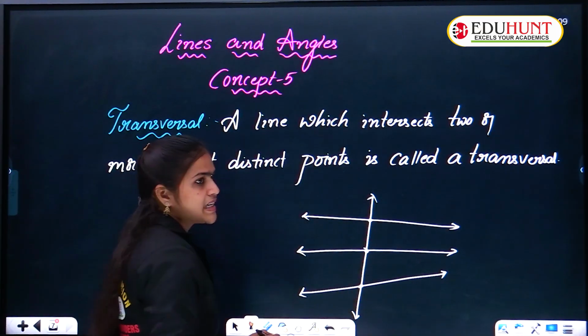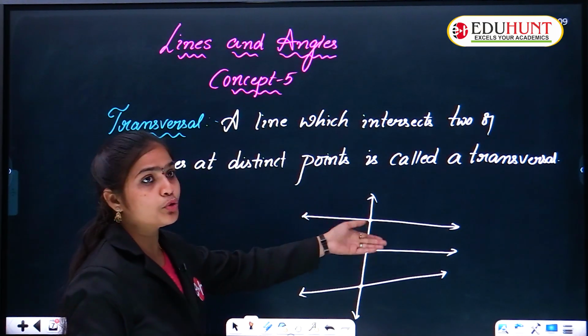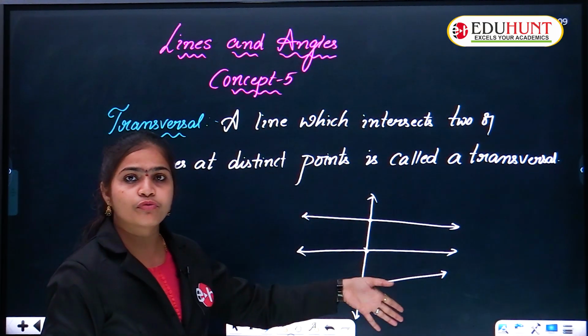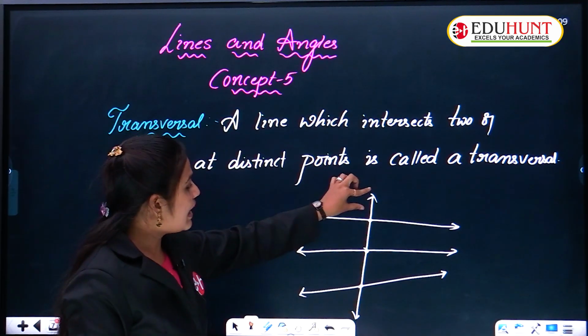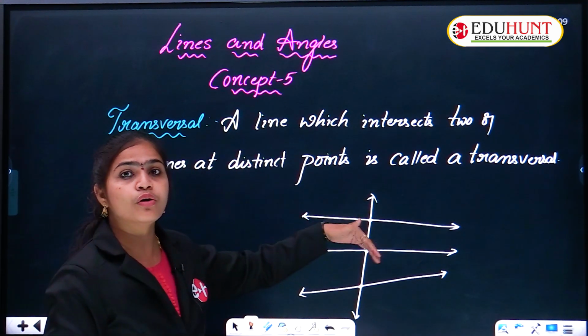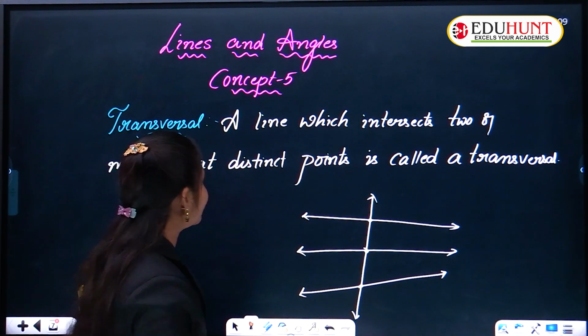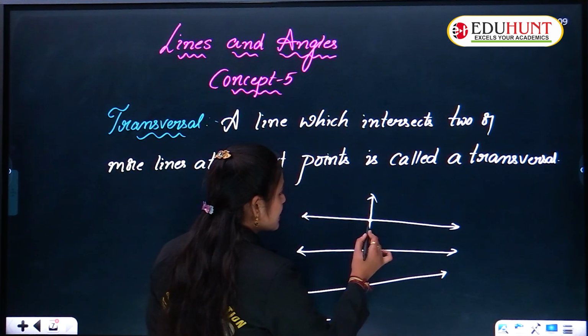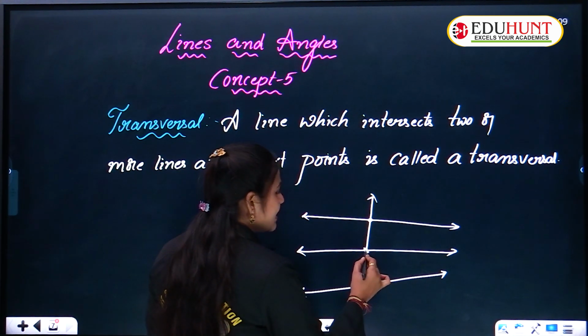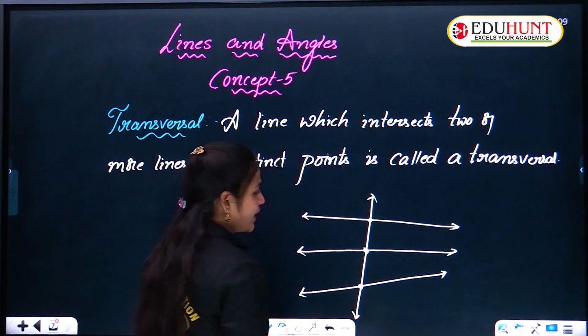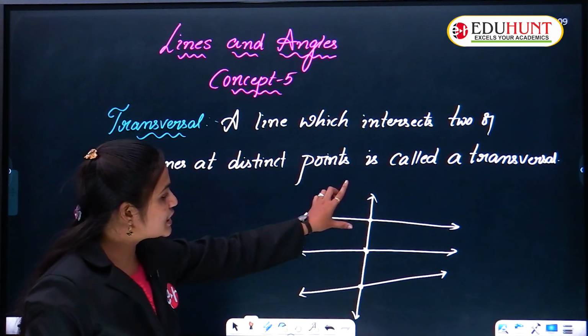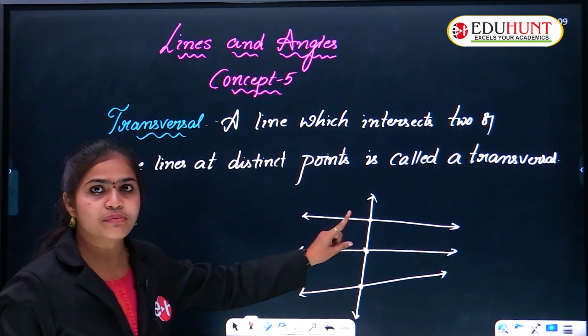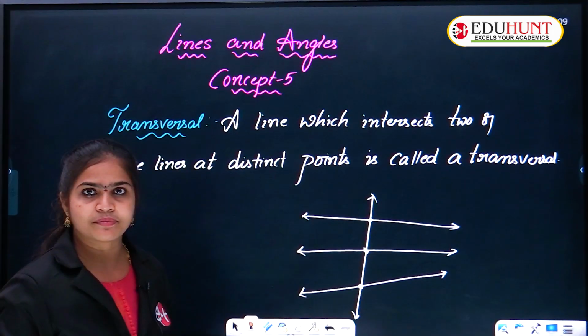Here a line which intersects two or more lines, whether 3 or 4 lines, whatever it may be, at distinct points. At distinct points means this is one point, this is the second point, this is the third point. Why? Because the line intersects three different lines, that's why we got three different points.